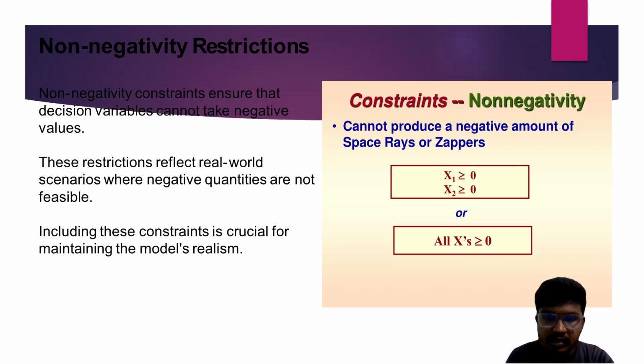For example, a company cannot produce a negative amount of space rays or zippers. These are the equations.